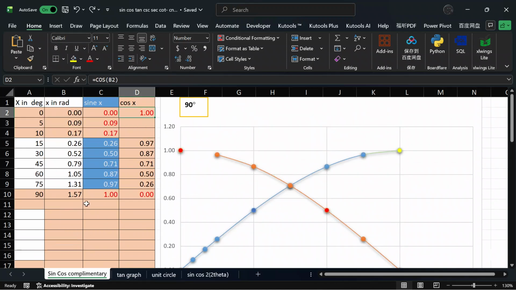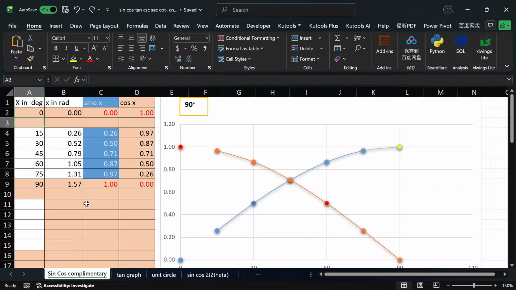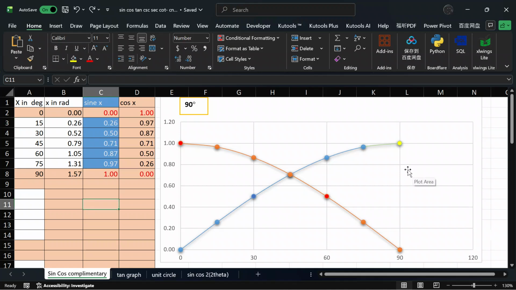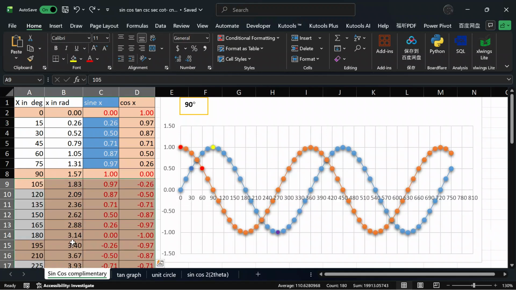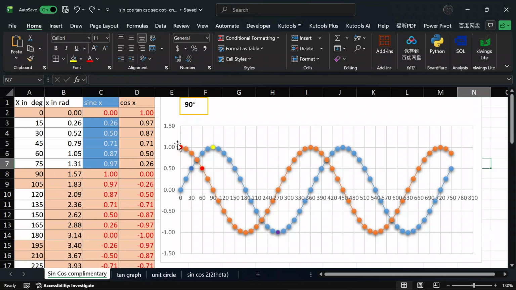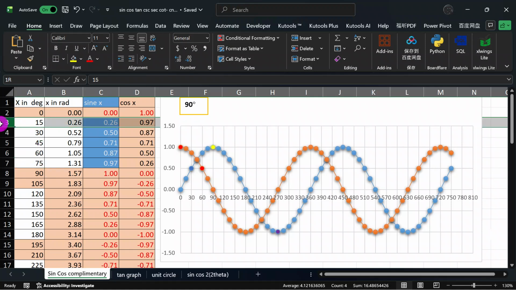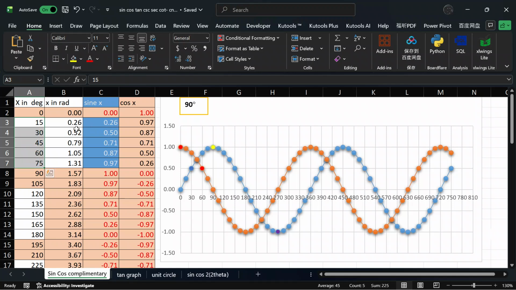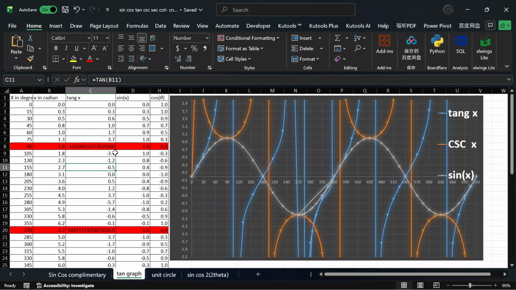You can have your own design and make it work visually, or anything that makes sense to you. So this is the sine and cosine, and the effect can be manipulated using the interval, as I just demonstrated, and then we move on to the tangent.